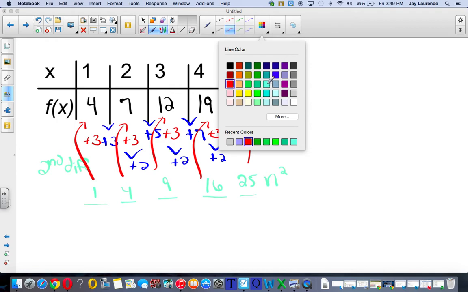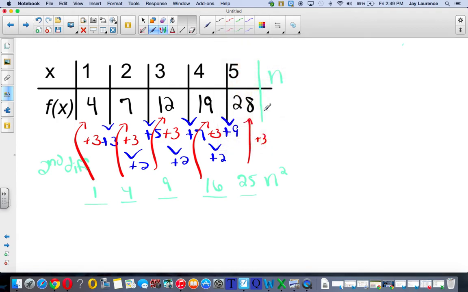Okay, so my nth term is going to be n squared plus 3, because remember these greenish blue lines here, numbers were 3 less than the black ones, than my output I wanted. So I have to add 3 to my output.